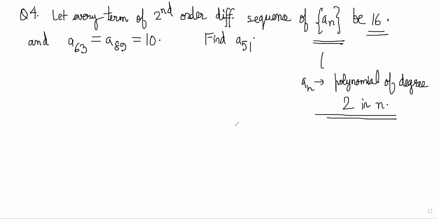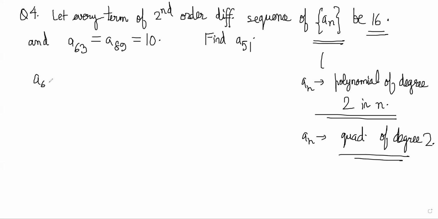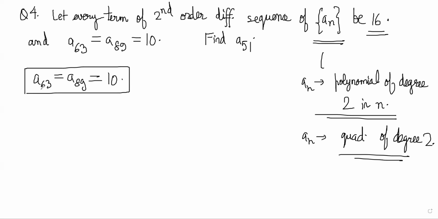So that means that we can write an as a quadratic of degree 2, and we already know that a63 is equal to a89 is equal to 10. So the values of the quadratic for n equal to 63 and n equal to 89 are matching.